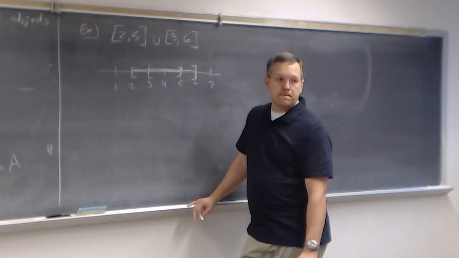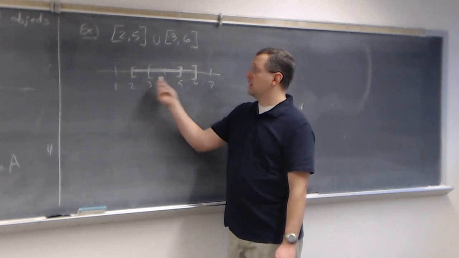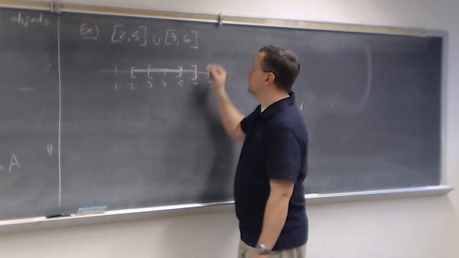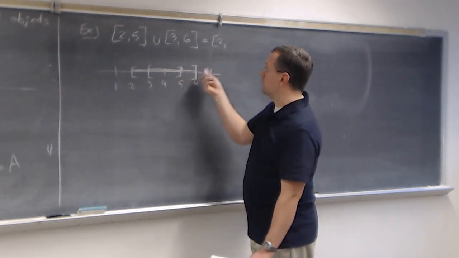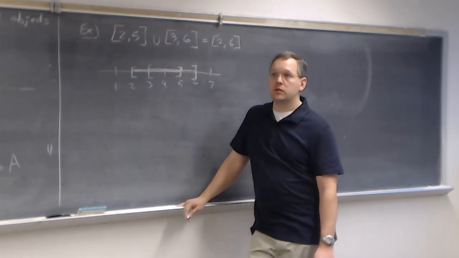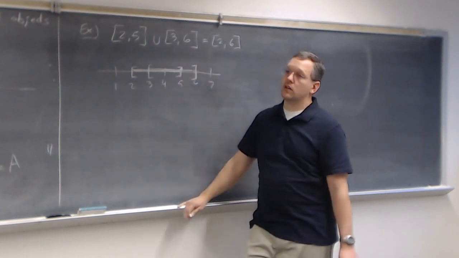So we could rewrite it as 2 to 6. The easiest way to rewrite this is that it's actually one interval. It starts at 2, and every real number up to and including 6 is shaded in. So this set is equal to the interval from 2 to 6.